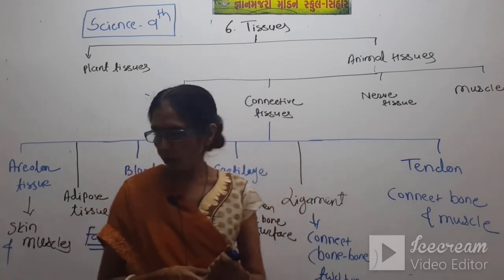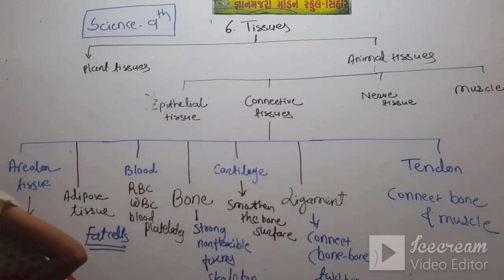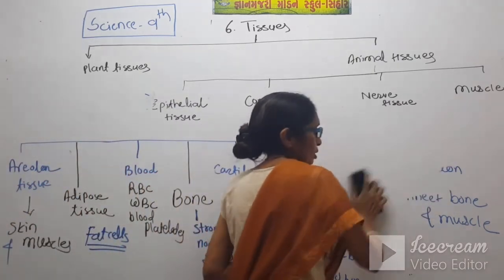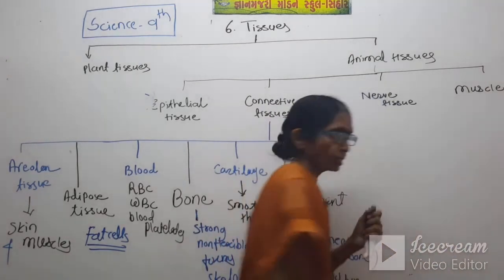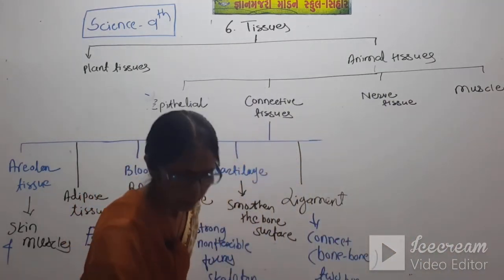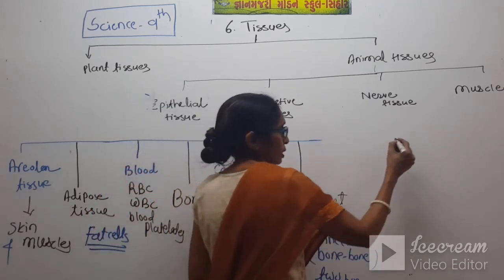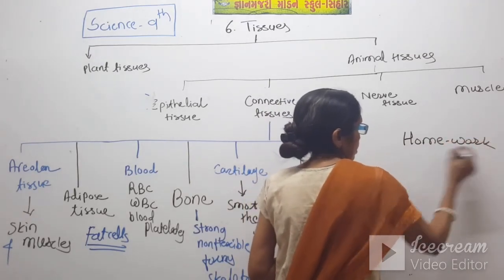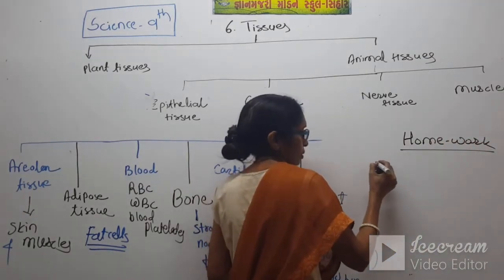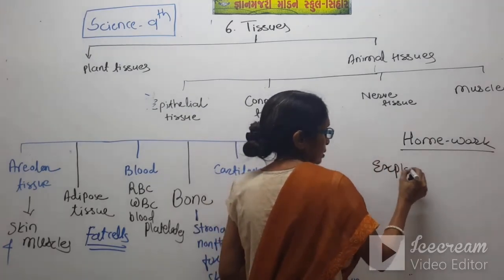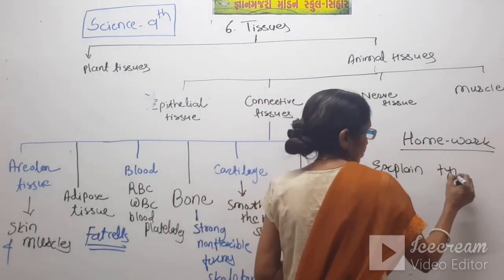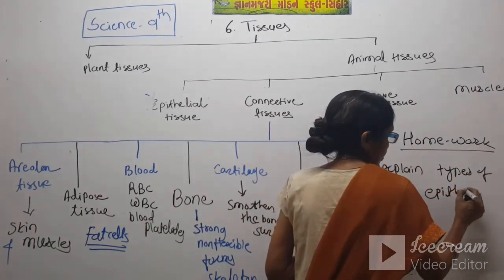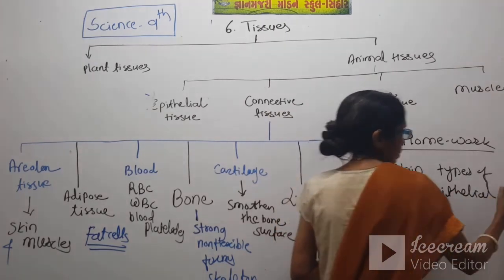Today, now time for homework, students. Comparative study is very important, so it will be easy to understand the concept about the tissues. In homework, explain types of epithelial tissues and connective tissues.